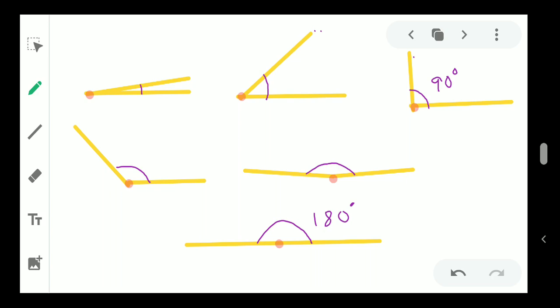So for a straight line, if you have any point and you consider this straight line as two arms, they will have a 180 degree angle between them. So this angle will be lesser than 180, this will be lesser than 180 and greater than 90, this will be lesser than 90, this also lesser than 90, maybe it's half. That is your 45 degrees or something like that.